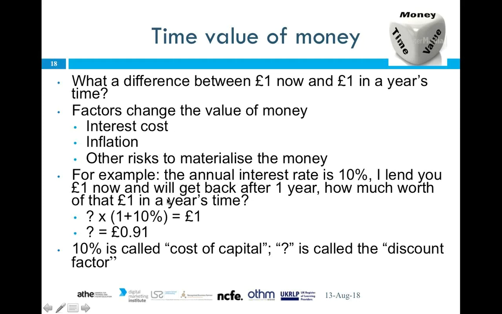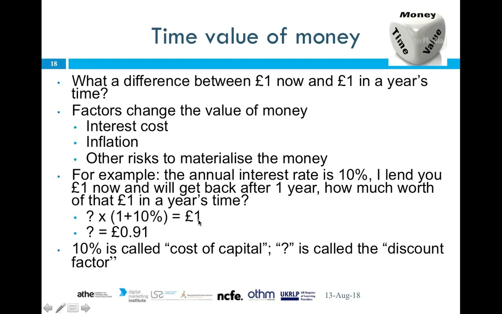So I'm giving you £1 as a lender with a 10% interest rate, and how much is that £1 worth in 1 year's time? If it is £1 today, what will be the price of that £1 after 12 months?